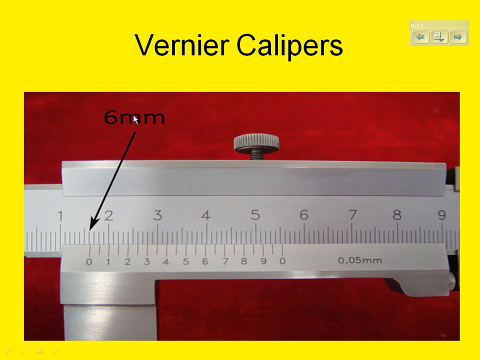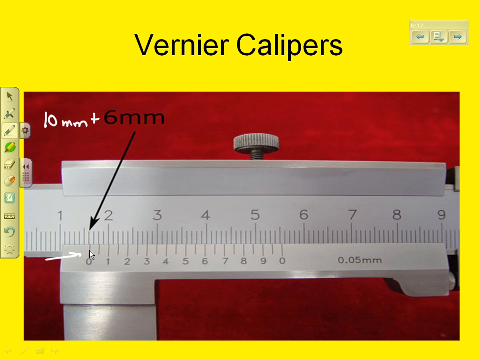Notice it's past the 6 millimeter mark. Now remember, they've already used 10 millimeters, and now they're looking at the 6 millimeters. I usually just go straight out and read 16 millimeters.